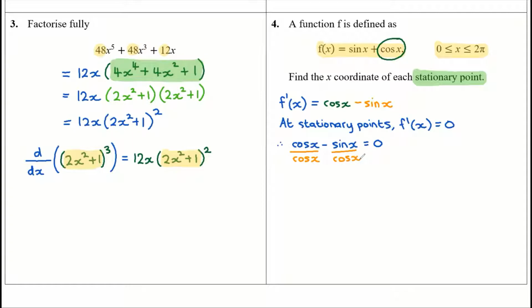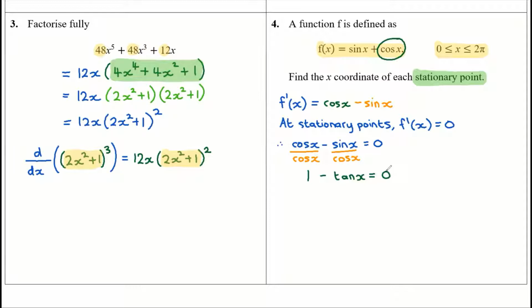And it's valid because these are identities. They're valid for all x, so it's not cheating. So cos x over cos x is, of course, going to be 1. And then sine x over cos x is going to be tan x. And that's equal to 0. Obviously, if you divide 0 by cos x, it's just 0.